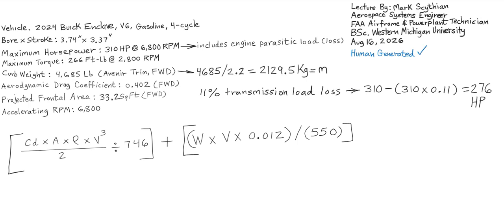And other than the power loss to keep the engine running, which is the output brake power, we have, when the car moves into motion under a load, the power loss to overcome aerodynamic drag on the left, and the power loss to overcome tire rolling resistance on the right.